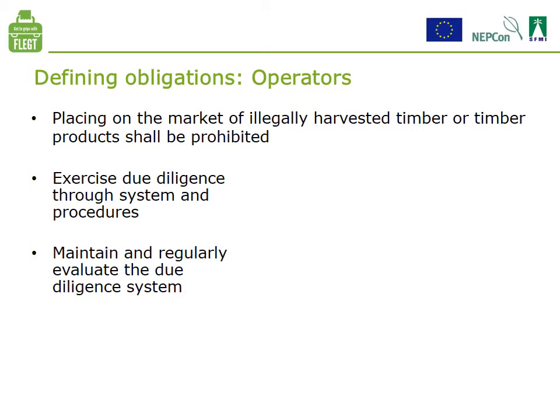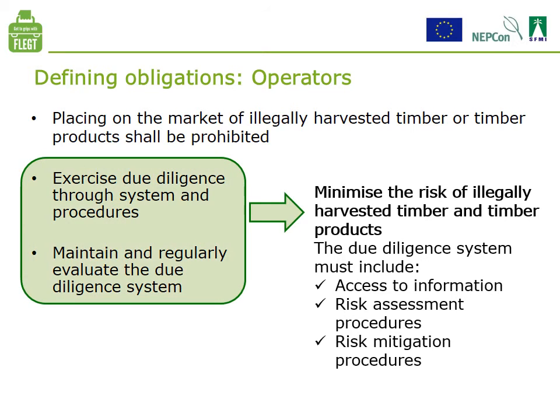Operators are obliged to exercise due diligence through a system and procedures which must be maintained and regularly updated. The purpose of this due diligence system is to minimize the risk of illegally harvested timber and timber products, and the system itself must include three elements.